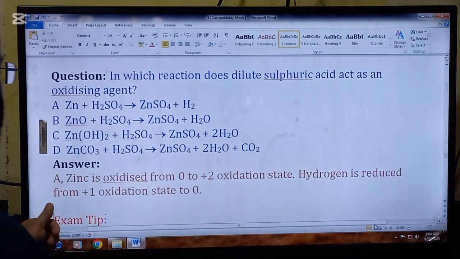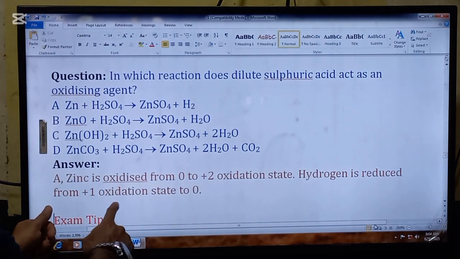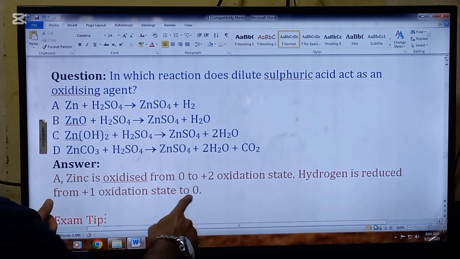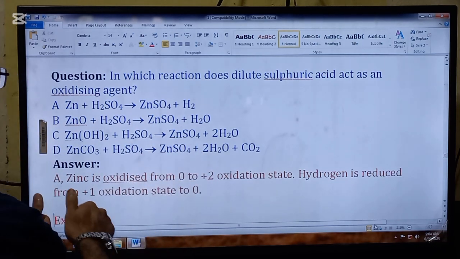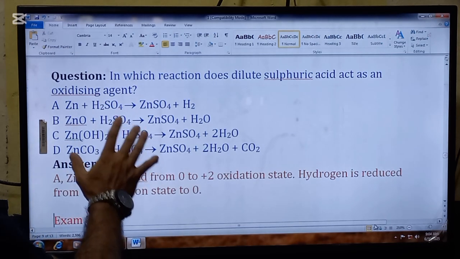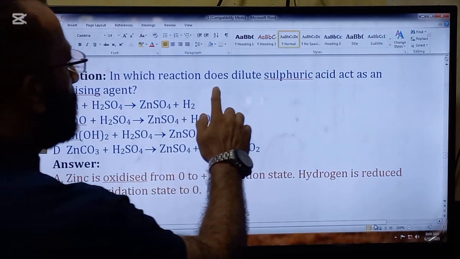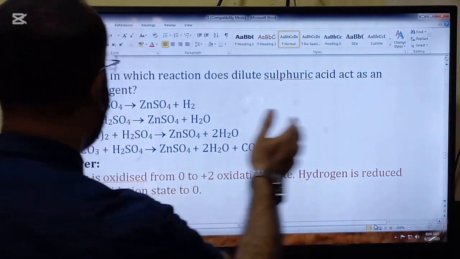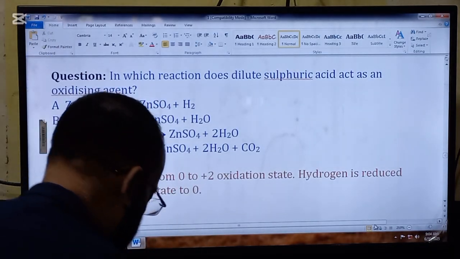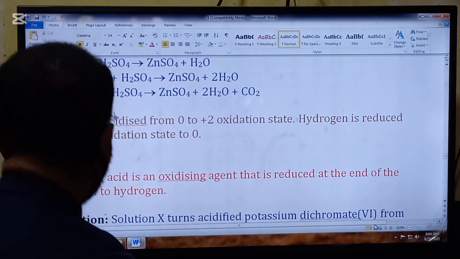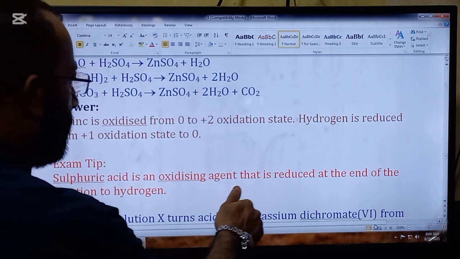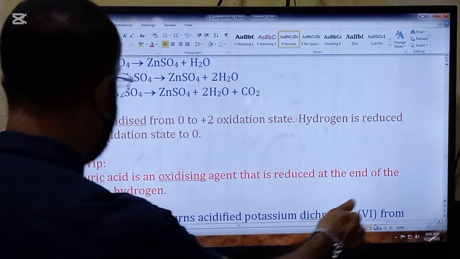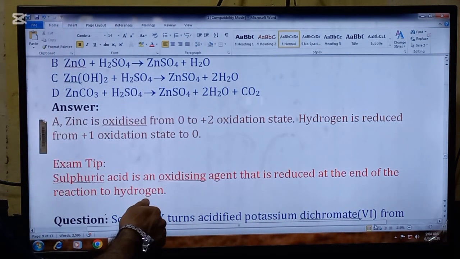Hydrogen is reduced from +1 oxidation state to 0. So this is the reason. That's why in this A part sulfuric acid acts as an oxidizing agent. The exam tip is sulfuric acid is an oxidizing agent that is reduced at the end of the reaction to hydrogen.